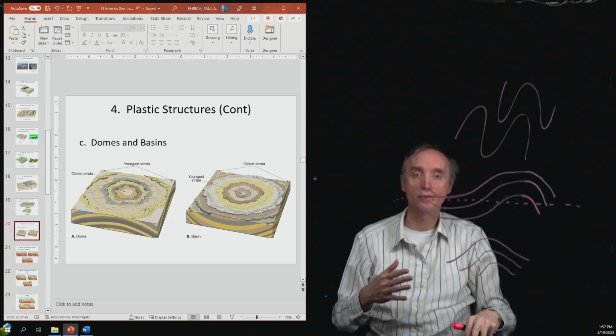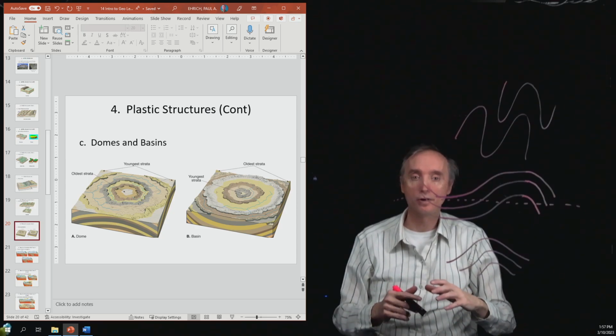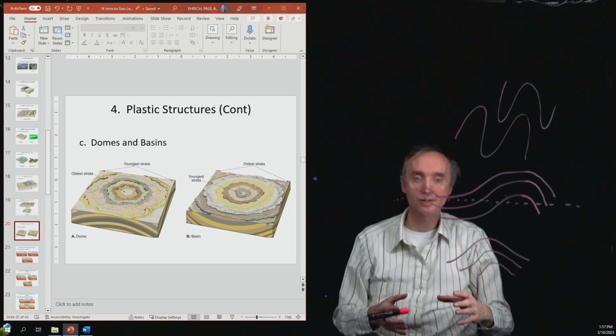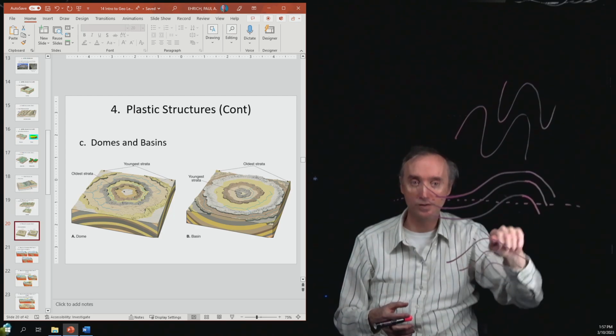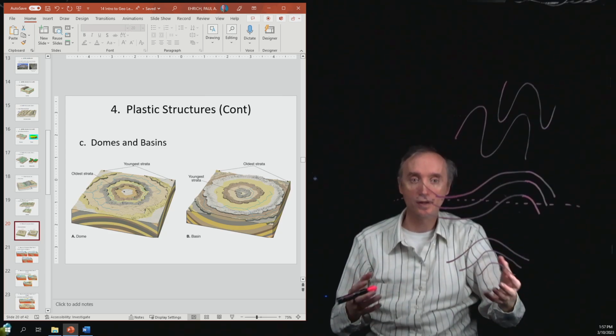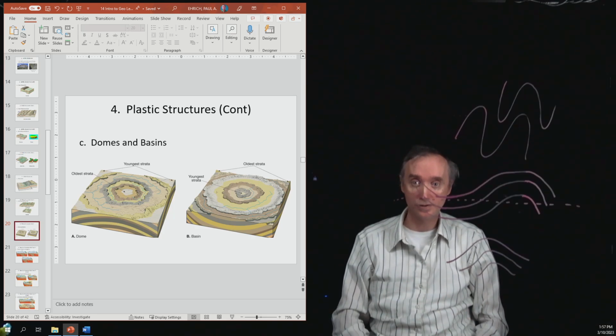Later we're going to talk about the red beds, and red beds are large amounts of hematite, rusted iron that we dig up out of the ground, and when we smelt it, we can get the iron out of it, and that accumulates in basins. So these are very important for economic purposes.